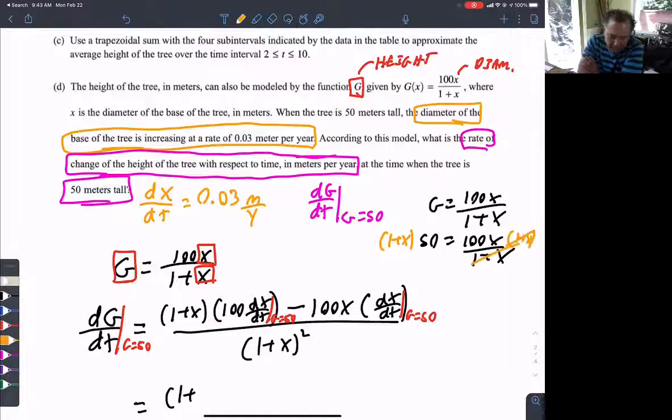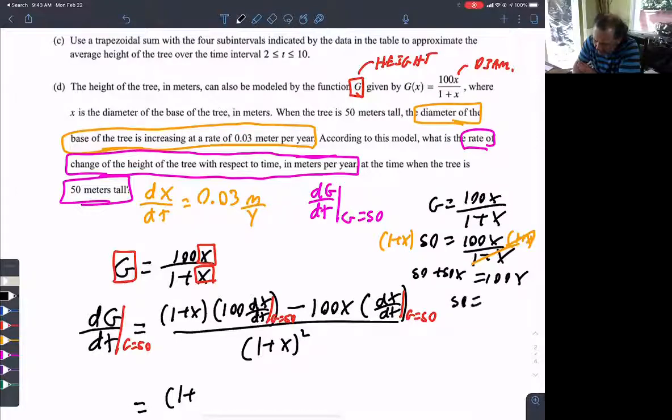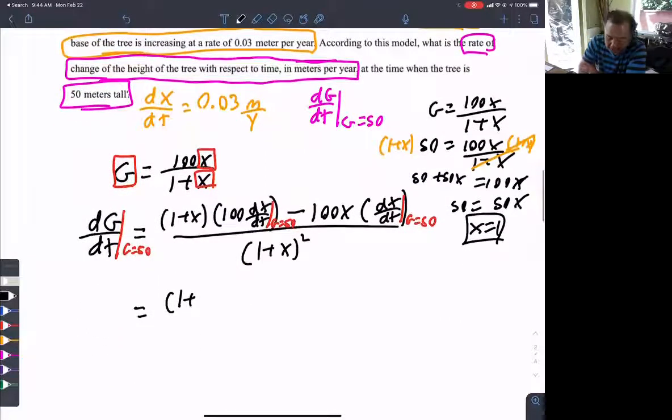Those are going to cancel out on that side. So I'm going to get 50 plus 50x equals 100x. Subtract 50x from both sides. I'm going to get 50x. Divide both sides by 50. X comes out to be 1. So you have to calculate x at that time. We use that formula to do that. And now I can plug it in everywhere.